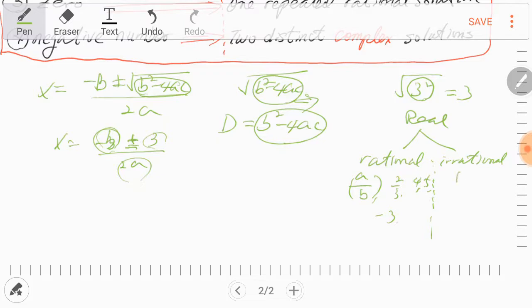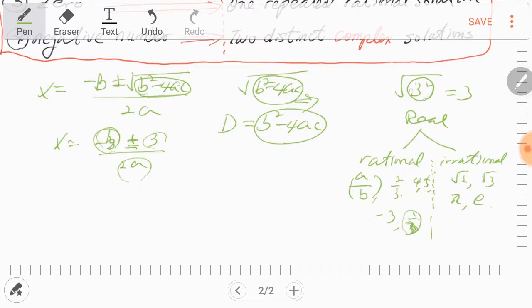So something like square root of 2 and square root of 3, or pi, e, all these things. Irrational numbers never repeat and never terminate. A rational number like 1/3 never terminates, but it can be written as a fraction. So 1/3 is a rational number. An irrational number has a square root, something.